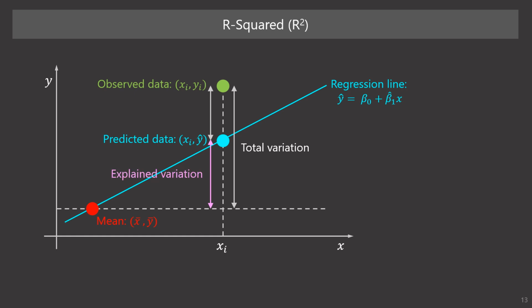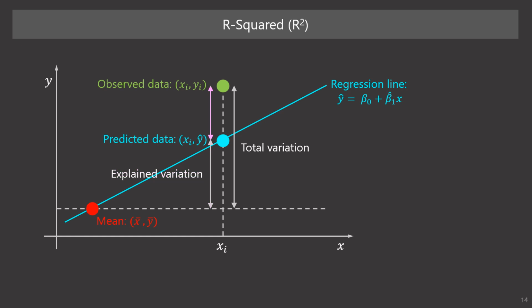So, the difference between the predicted and average value is called the explained variation. The regression model explains a certain amount of variance. So, the difference between the predicted value and the observed value is smaller than that between the average and the observed value.